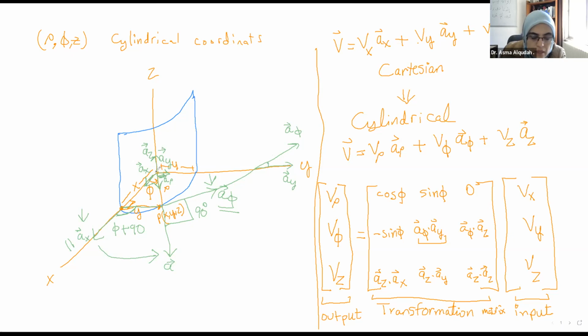How do we know? We have 90 degrees here. So this is phi, this is 90, and let's say this angle is gamma. And then this is 90 degrees.